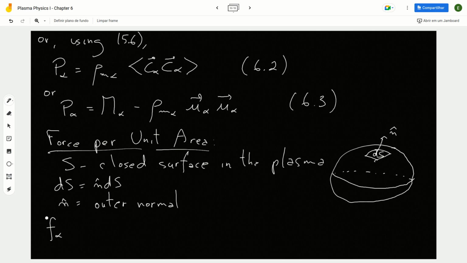And we'll have a force, F. This is the force per unit area due to random motions of the particles. Do not confuse this with the F alpha of the probability distribution. That does not have the arrow. If I put an arrow, it's the force, not the distribution, all right? So this is defined as minus the pressure tensor times the normal, which may be written like this.